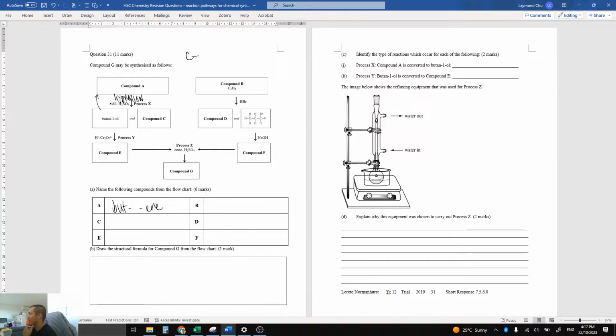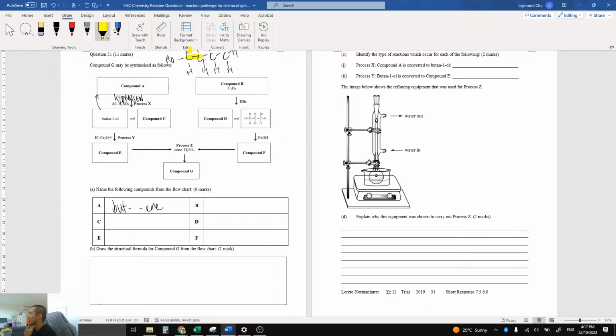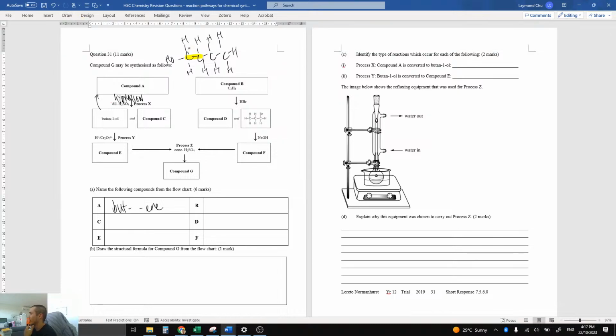So let's draw out our butanol. Now, if we have our but-1-ene in there, the double bond needs to happen here, next to it. So what we're going to get is but-1-ene. Is there but-2-ene? Yes, there is but-2-ene, but we're not going to get it here.